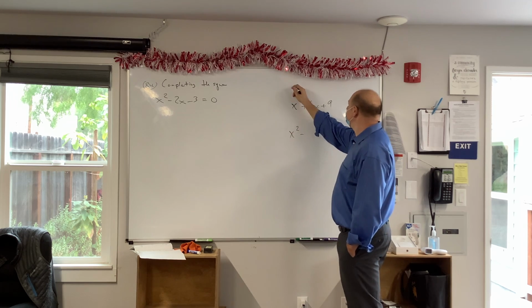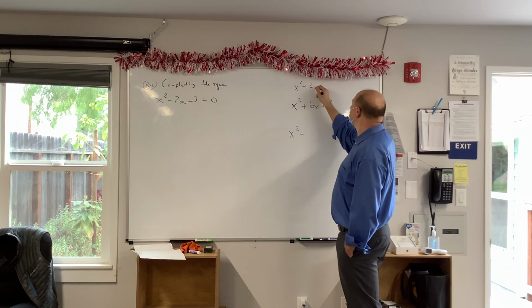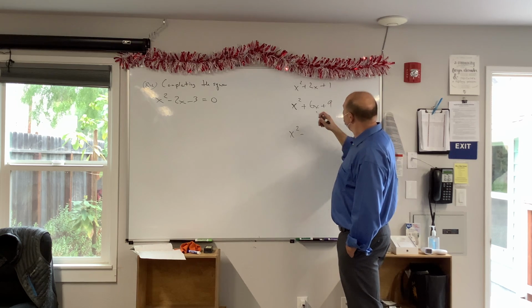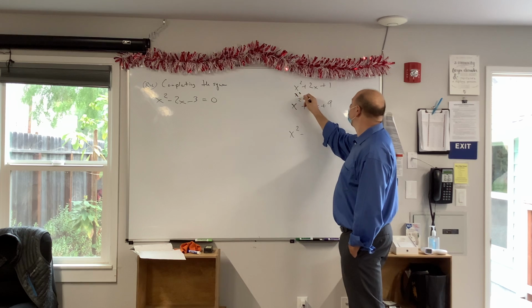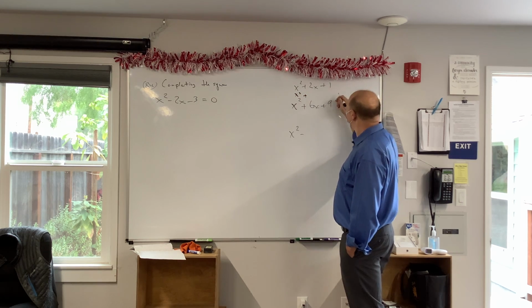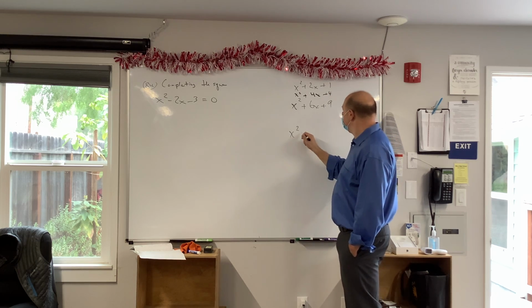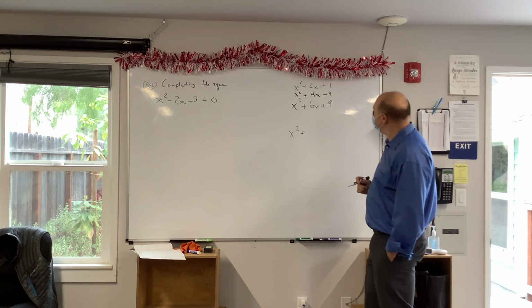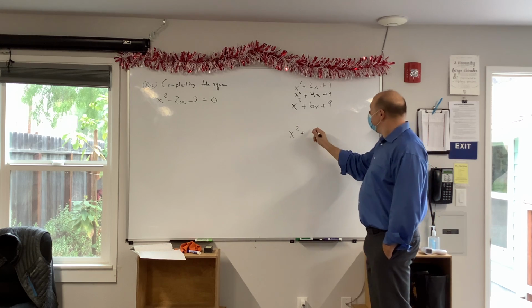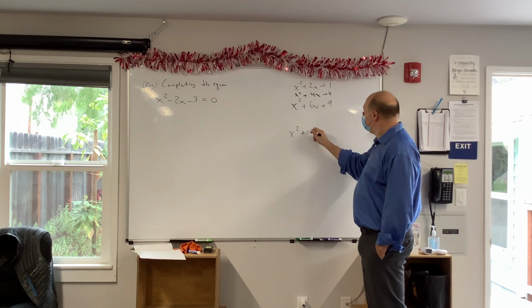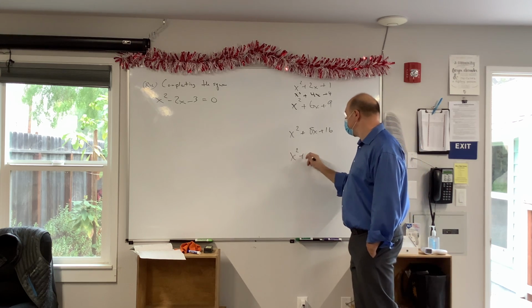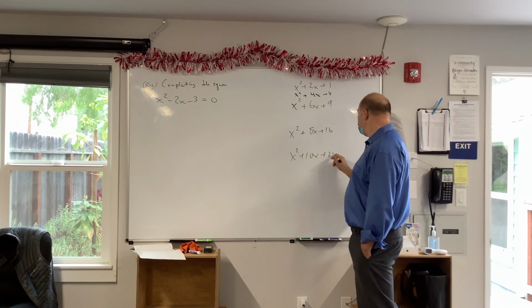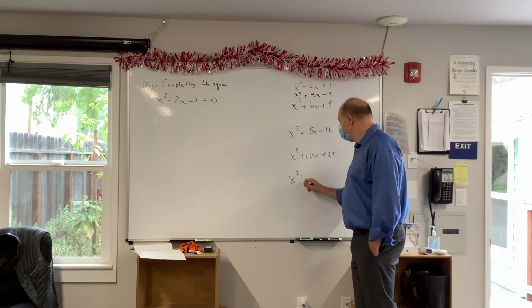I'm going to just start listing them, in order. x squared plus 2x plus 1, x squared plus 4x plus 4, x squared plus 8x plus 16, x squared plus 10x plus 25, and maybe two more.